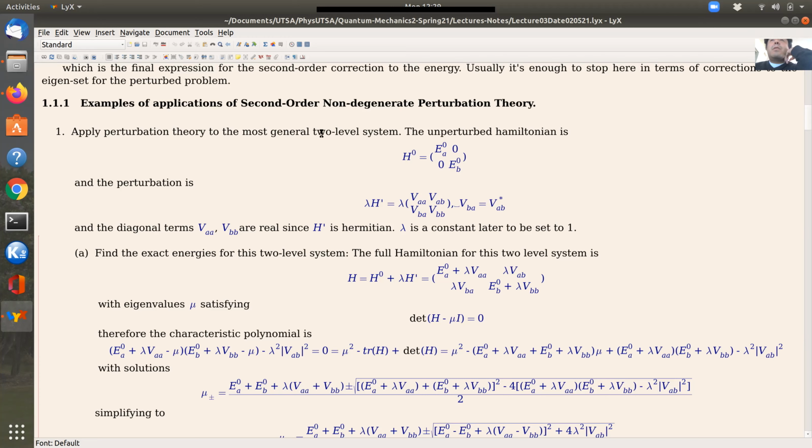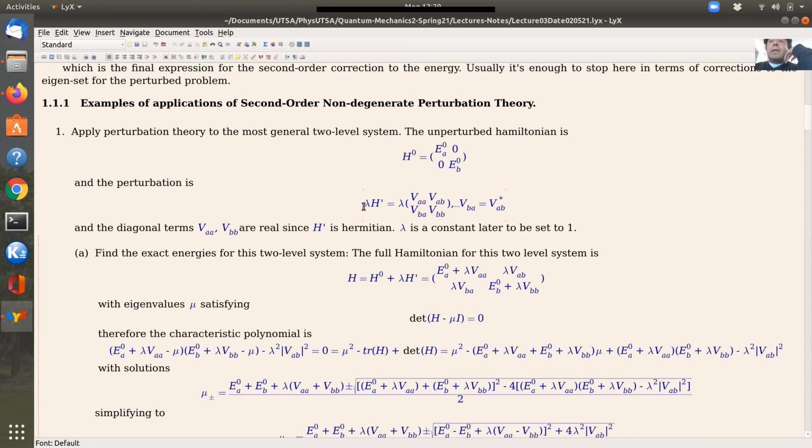Let's apply perturbation theory to the most general two-level system. So basically, there are only two possible energy levels, which are not degenerate. So the unperturbed Hamiltonian, of course, is diagonal in this two-level representation with each one of the energies. So those are the eigenvalues.